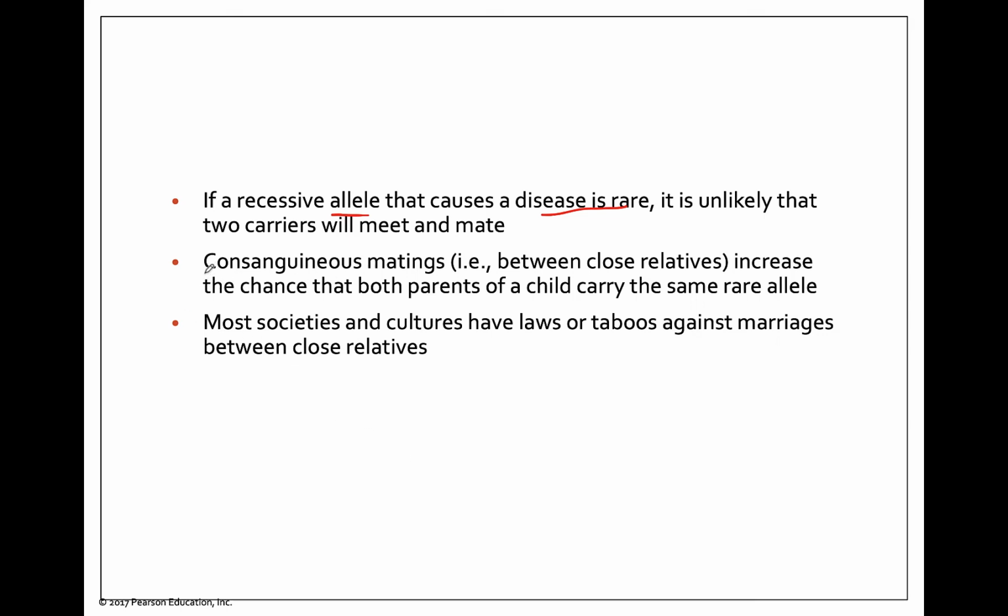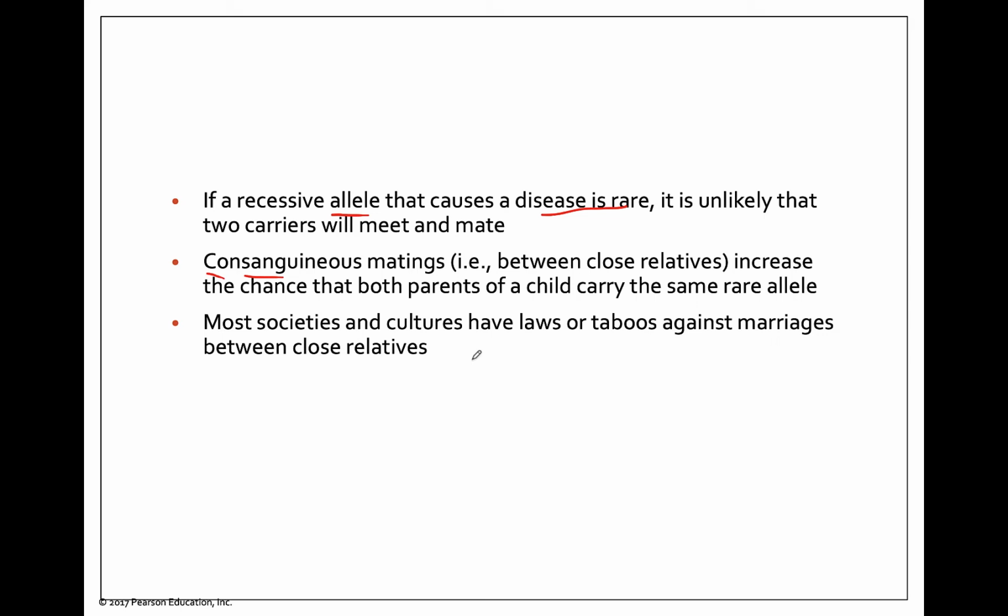Consanguineous meeting, so con means close blood matings. So this would be matings between very close family members. Those tend to increase the chance of carriers meeting with other carriers and carrying the same rare alleles. So in our society, we call this incest, and we have taboos and laws against marriage of close relatives.